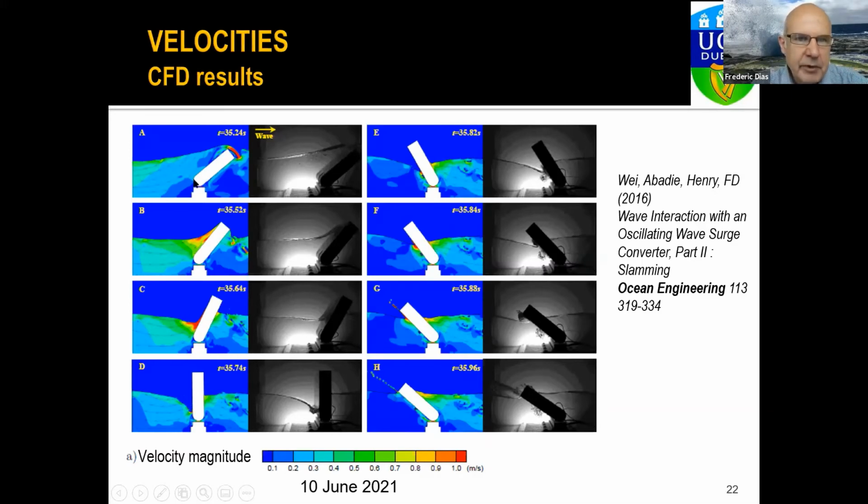And these are some comparisons for the velocity field. The color code is here for the velocities, and there was pretty good agreement with the experiments. There are some other things that we compared that I'm not showing here, just to save some time, but this is just to show a comparison.